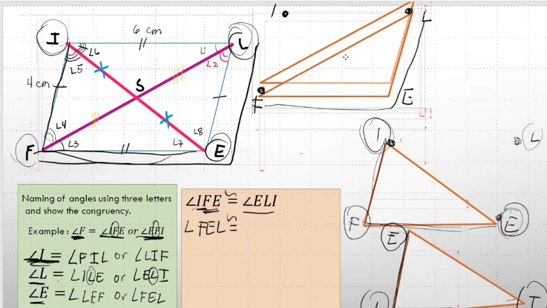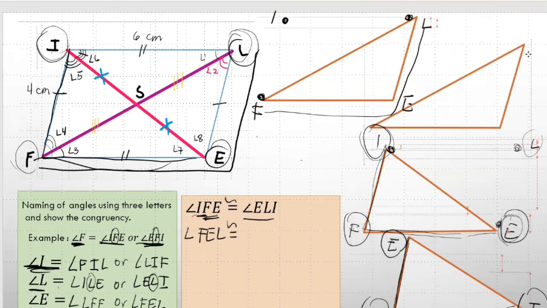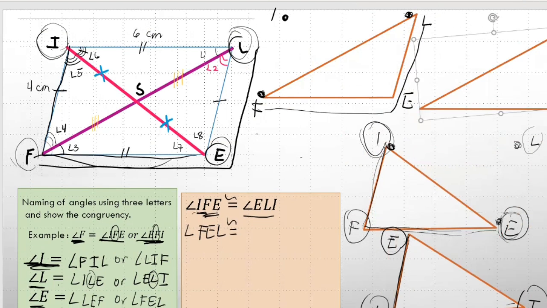So now, sa congruence niya, meron tayong nandito na ngayon si L, nandito na ngayon si I, at nandito na si F. Okay? So, kasi ni-rotate natin. So, therefore, kung nag-start tayo kay left, dapat mag-i-start din tayo kay left, which is L. So, therefore, we have angle L, I, and F. So, the congruence of angle FEL is the angle LIF. Okay?